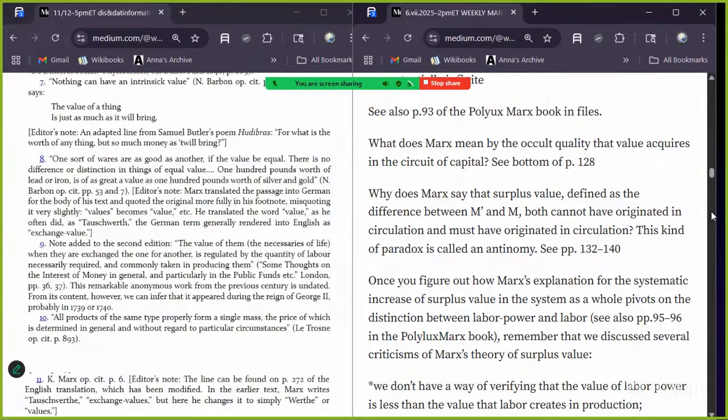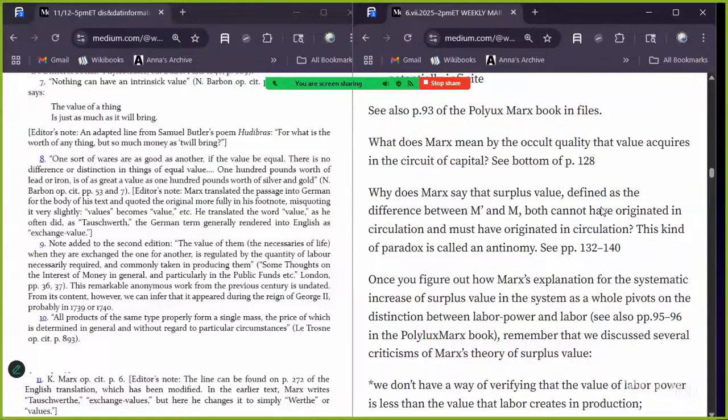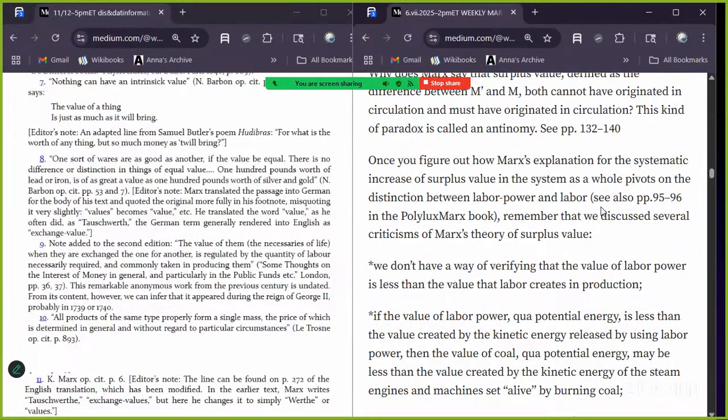That is, we don't have a way of verifying that the value of labor power, remember, this is not labor, but labor power, is less than the value that labor creates in production.